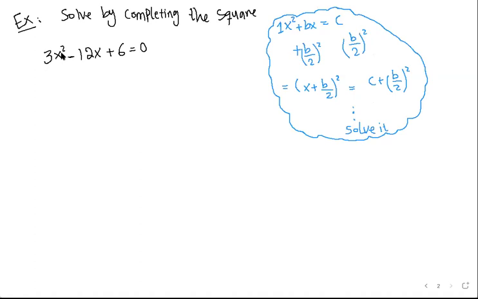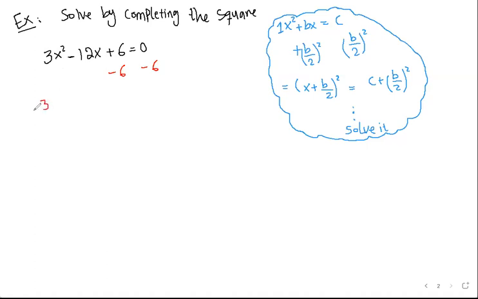Here we have 3x squared minus 12x plus 6. When we start completing the square, first I have to think how to make this equation look like that. So I have to subtract 6 from both sides first of all.